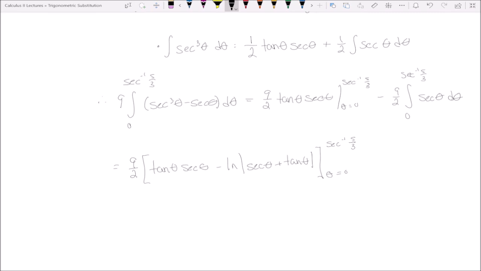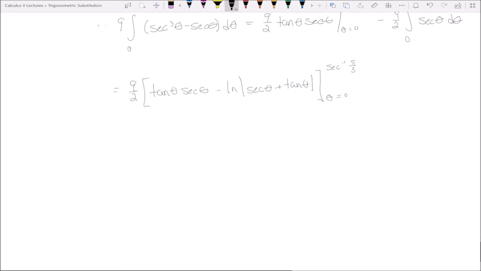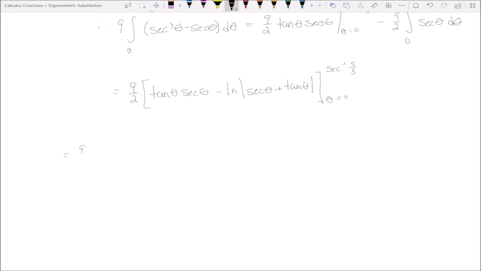Right now, let's just go ahead and plug it in. 9/2 times the tangent of the inverse secant of 5/3 times secant of the inverse secant, which is just 5/3. Then we get minus natural log, absolute value of 5/3 plus tangent of the inverse secant of 5/3.